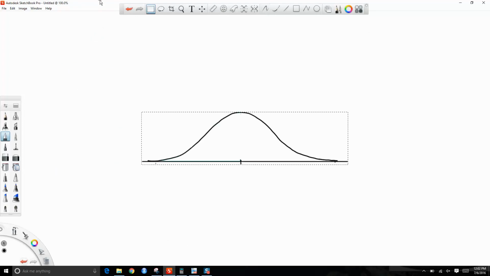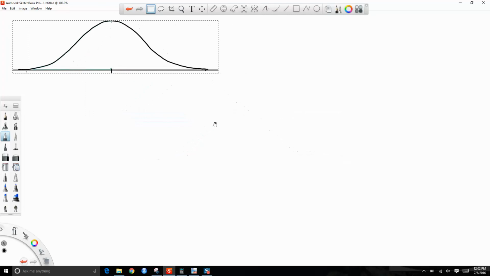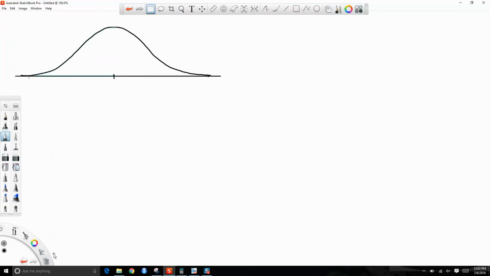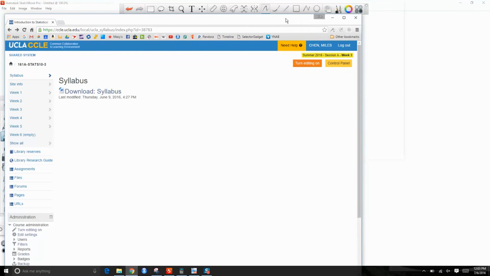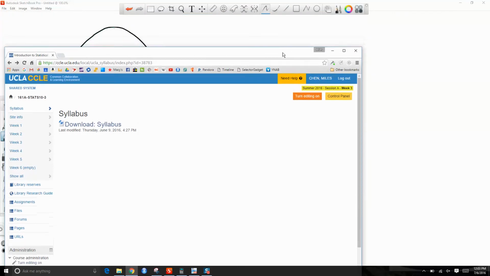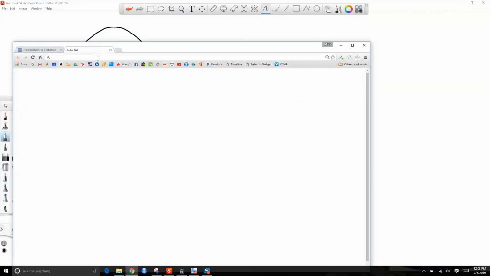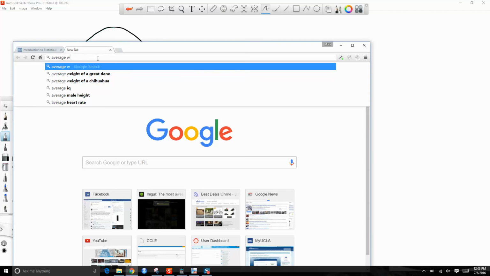So instead of dealing with z-scores, I'm going to look up what is the average weight of a, I don't know, what's a neat animal? Nobody cares. All right, we'll say average weight of a tiger.